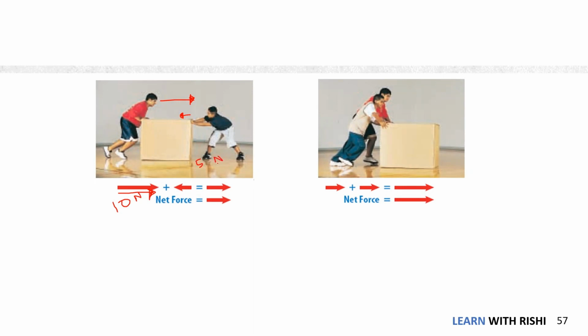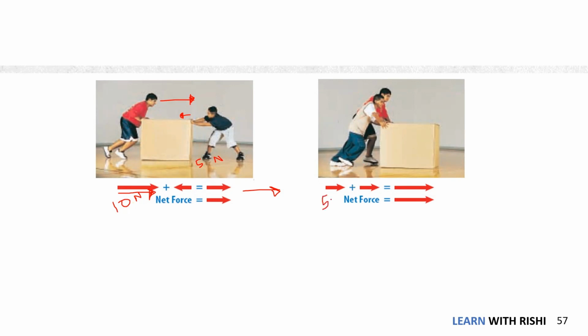So where will the object move? The object will move in this direction as the force applied towards the right is greater. Now this is an example of unbalanced force acting in opposite directions. Now in the second picture, you can see both children are applying force on the box in the same direction.